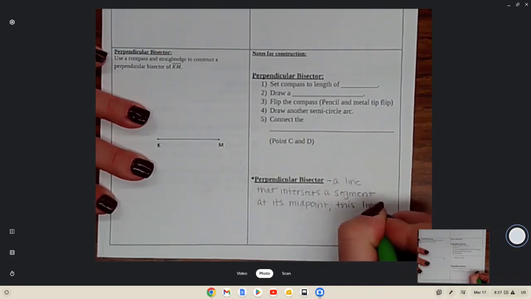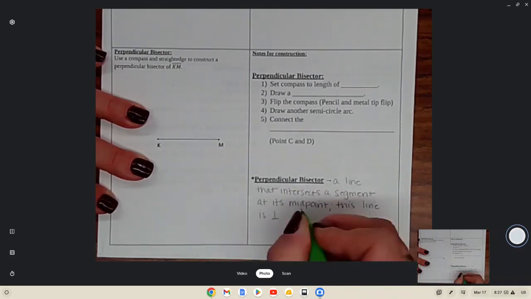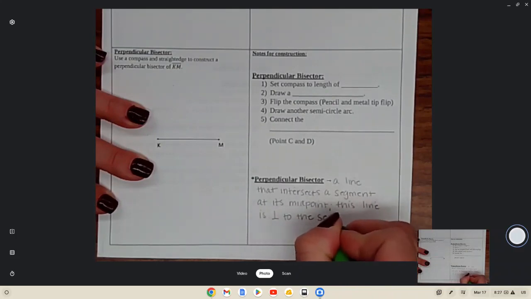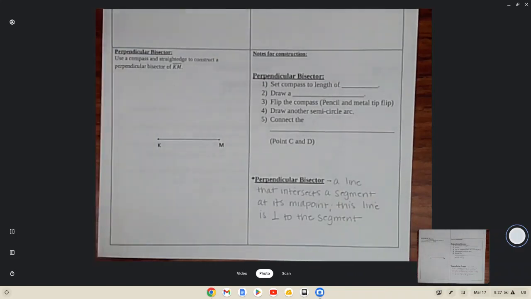This line is perpendicular, there's a symbol for perpendicular, to the segment. Perpendicular bisector. So cuts it in half and makes a 90-degree angle with it. Good?